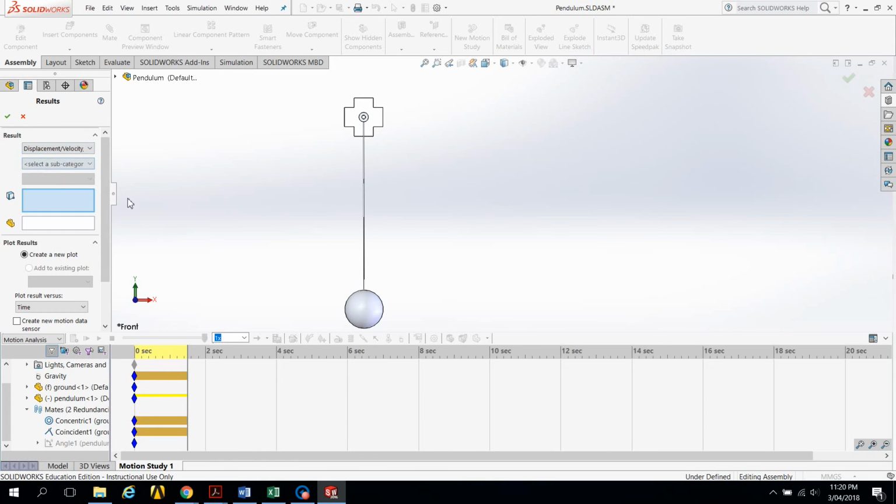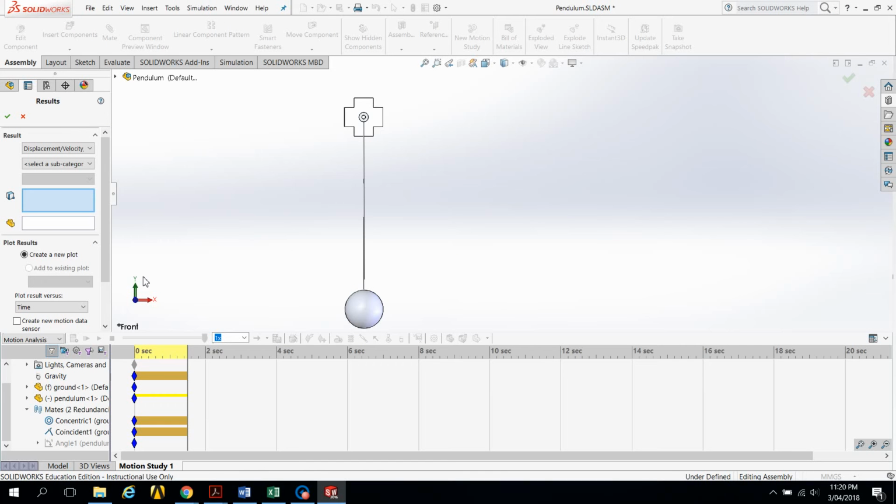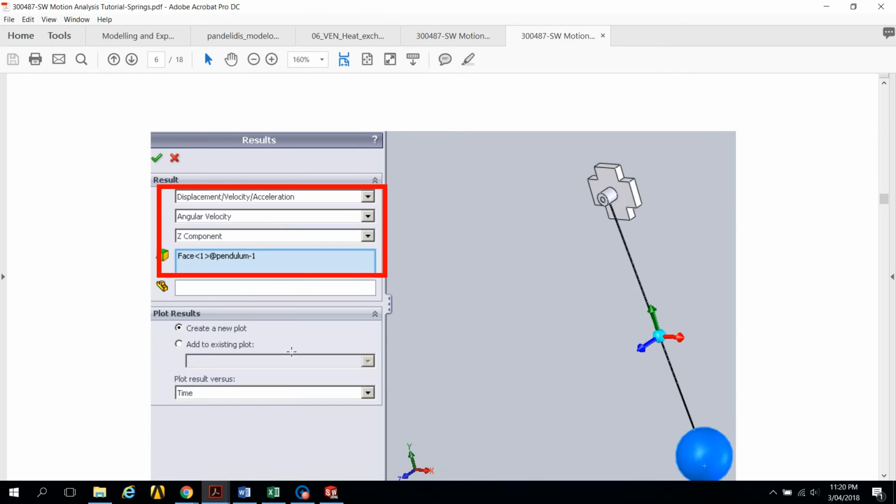Select this one. Sub-selection where? Angular displacement, velocity, and acceleration, and magnitude. So we are going to have the angular velocity. That's number 1. I think I have to click the surface.